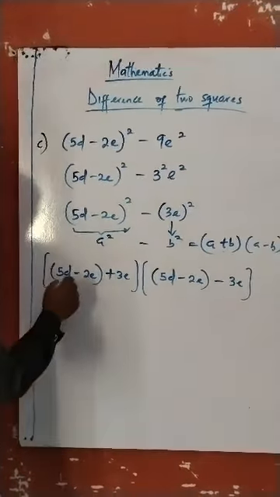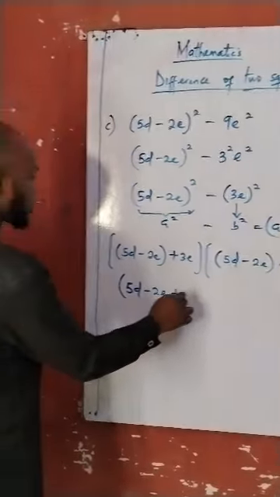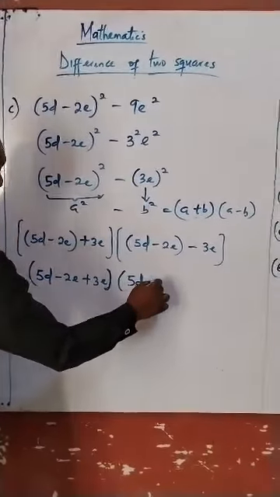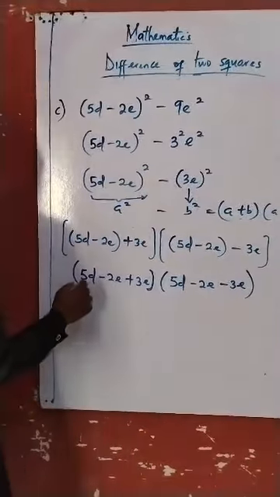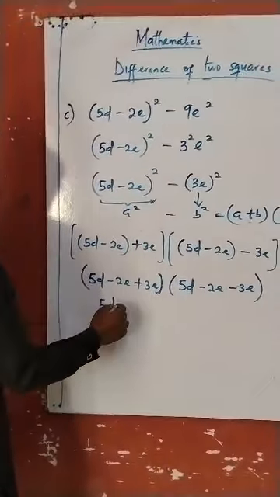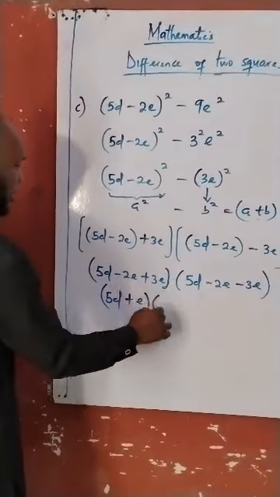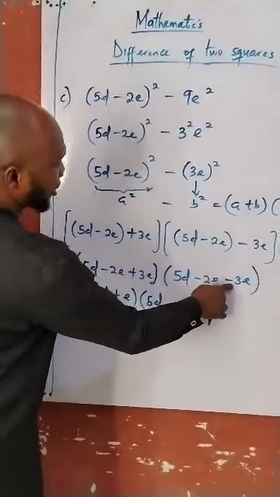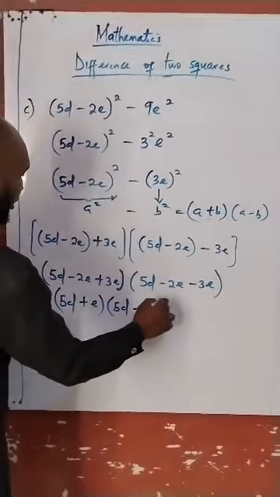So I'll continue. Let me expand this. I have 5d minus 2e plus 3e. This becomes 5d minus 2e minus 3e. So 5d minus 2e plus 3e, I have plus e or 1e. 5d minus 2e minus 3e gives minus 5e.